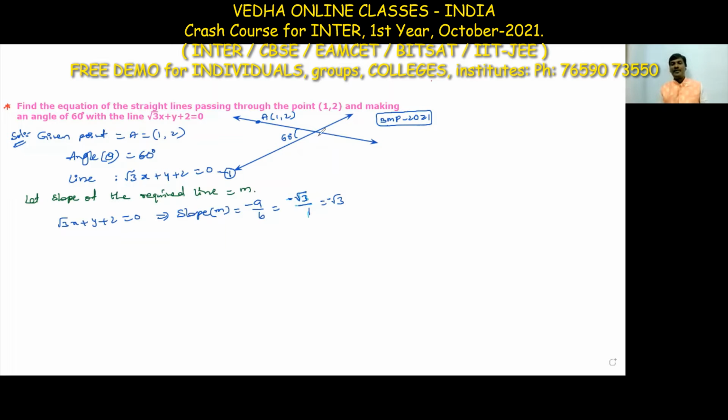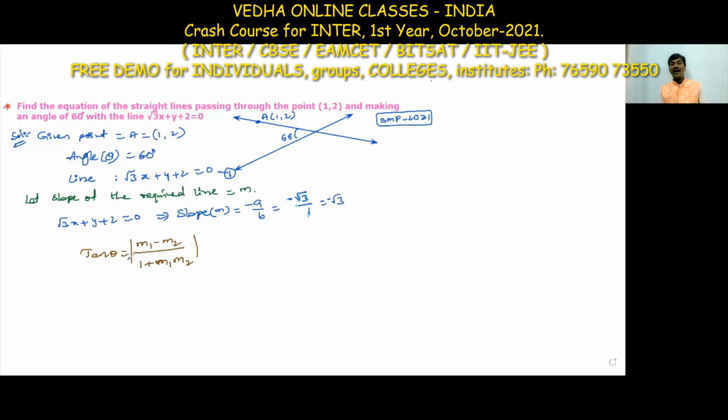Now we have the formula for the angle between two lines: tan theta is equal to the modulus of (m1 minus m2) divided by (1 plus m1 m2). When we know the slopes, we can find the angle between the two lines.